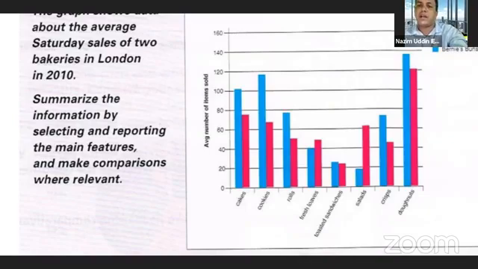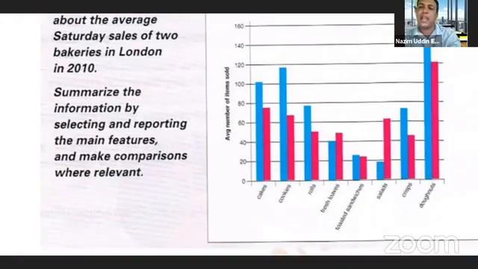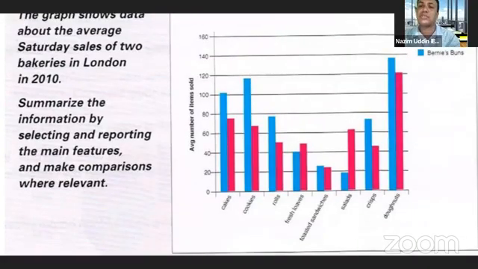This is about the average number of items sold. Lovely Bakery and Bonds Bakery: on average, they sell 100 items.